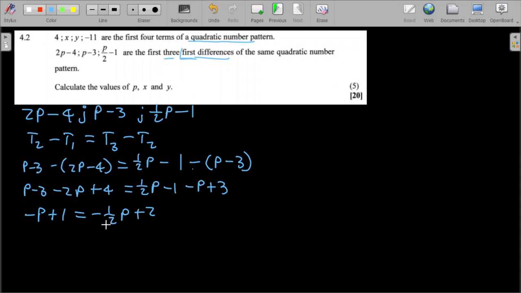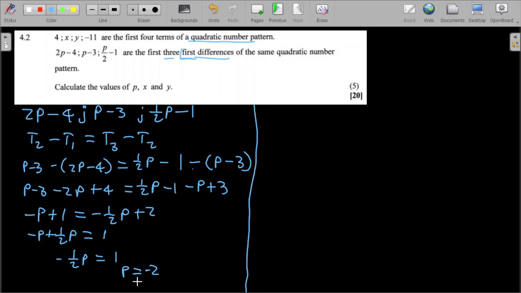Now taking the like terms to one side, negative p plus 1 over 2p equals 2 minus 1, which is just positive 1. Then negative 1 plus 1 over 2 gives me negative 1 over 2p equals 1. Then dividing by negative 1 over 2, my p is going to be negative 2. Again, I know this is the value of p that is here.